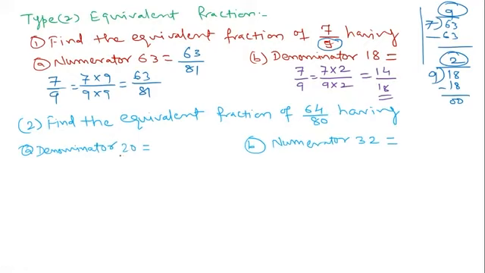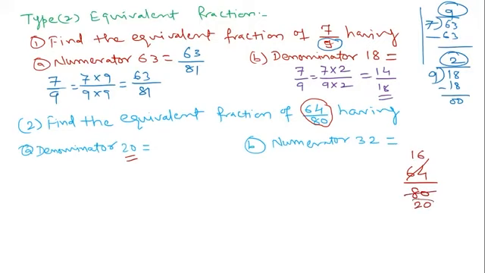Having denominator 20. So what you do here? Divide this 80 in such a way that your denominator becomes 20. This is nothing but finding the lowest term of this fraction. So 64 by 80, if we divide it by 4, 4 1s are 4, 2 remains, 24 becomes, so 4 6s are 24, and here 4 2s are 8, 4 0s are 0, 20.